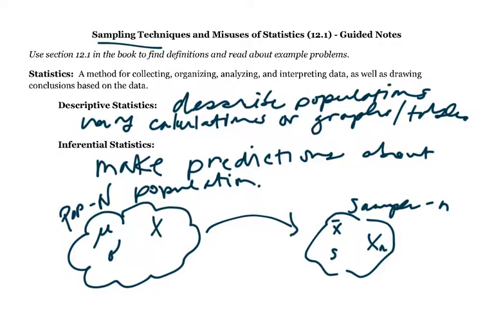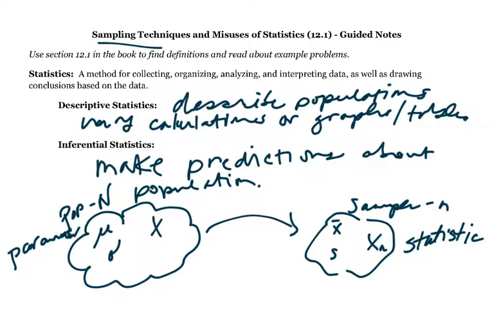Some additional vocabulary, just in case these slip out of my mouth: anytime we're talking about a statistic, we're talking about from a sample. Anytime we're talking about a parameter, that's talking about the population.